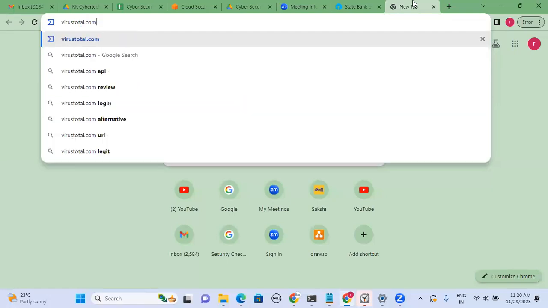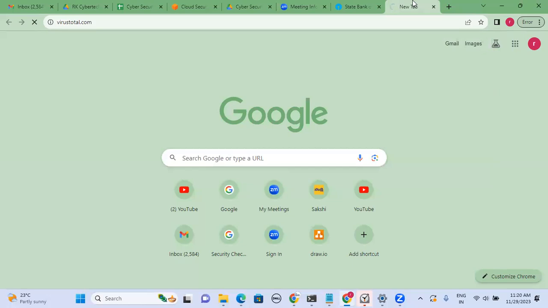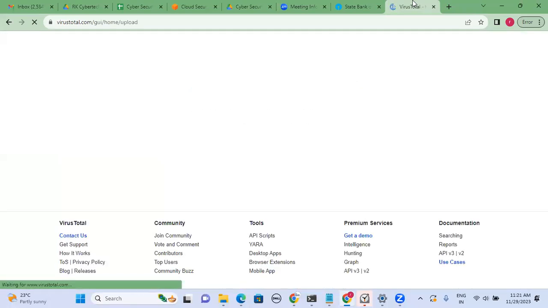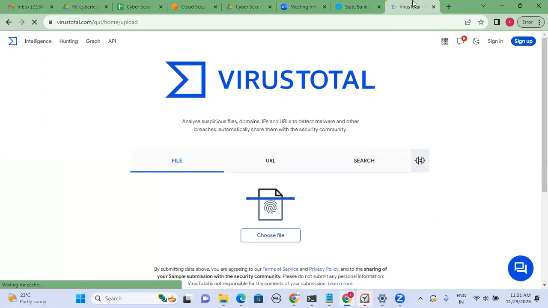VirusTotal.com is a public website, an open or free website. We can verify the reputation of the IP address, the MAC address, the hash value, the URL, and the file as well. Now we can see what the hashing of one file is, what the digital representation is.